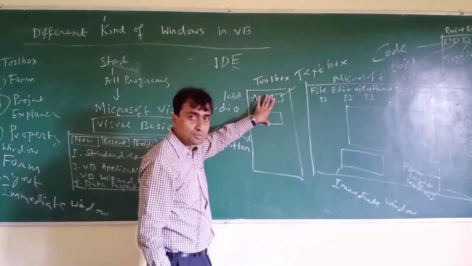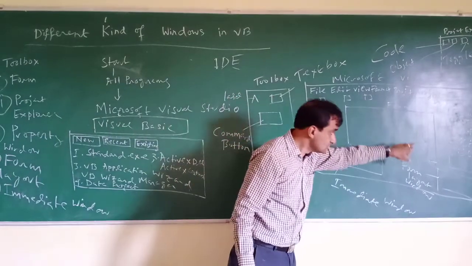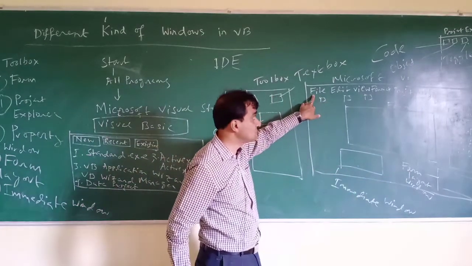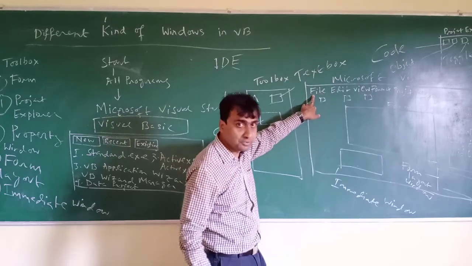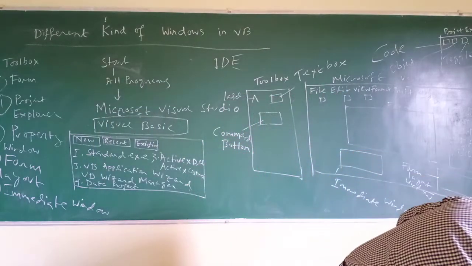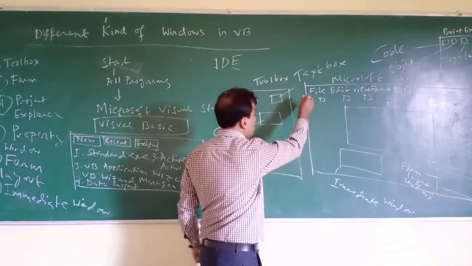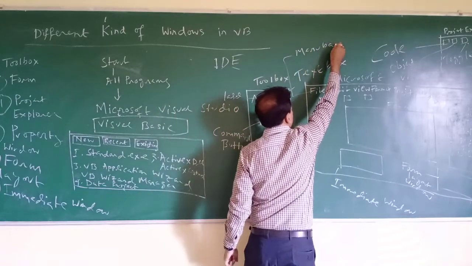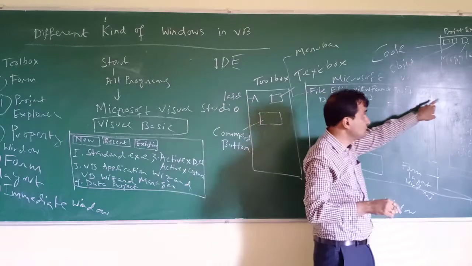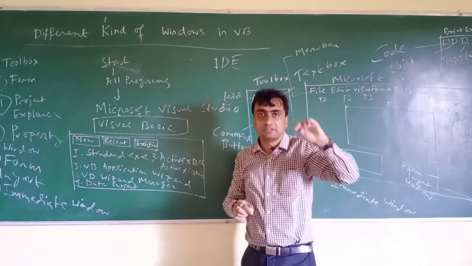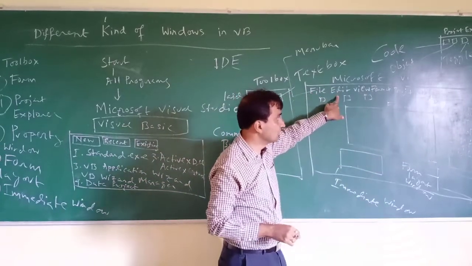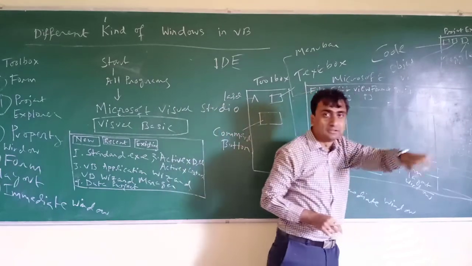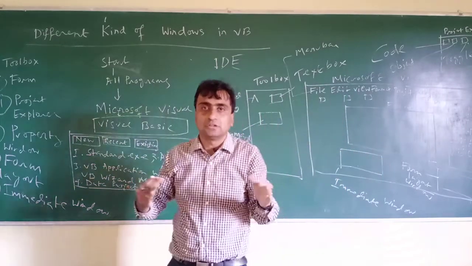Now, that is one window. Here, this is normally called the menu bar. In Visual Basic, this option is called Menu. But this is common for you. Maybe some new menus are there which are not there here. But this file, this edit, this debug, run, are there in all editors.